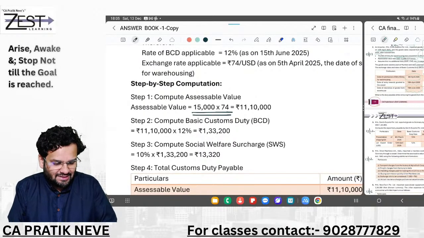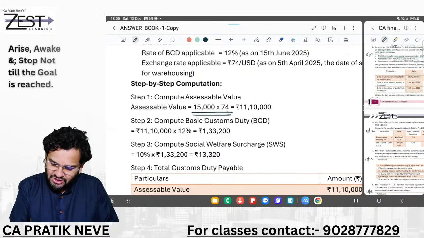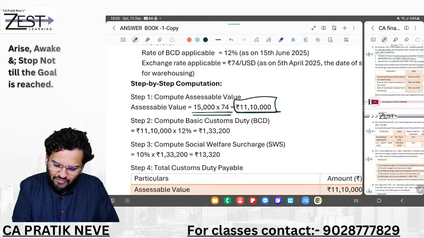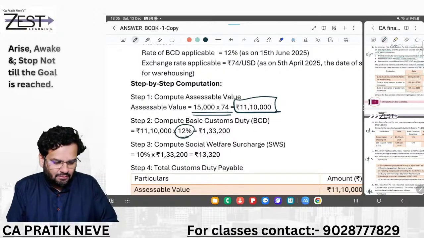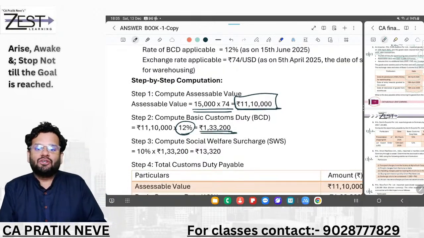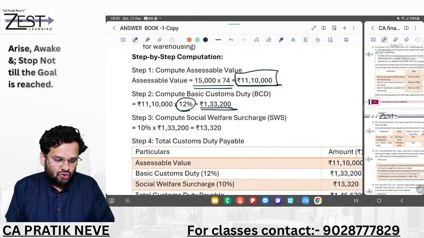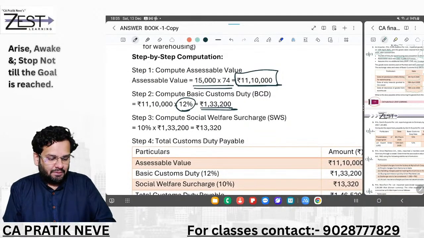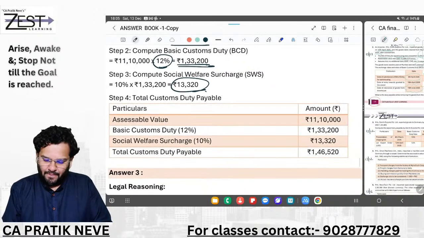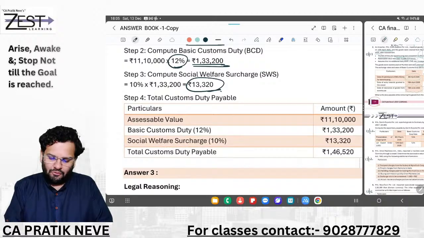That gives you assessable value, which is 11 lakh 10,000. Now you have calculated basic customs duty at 12%, which is 1,33,200, and on that social welfare surcharge at 10% is 13,320. Make sense, all of you?